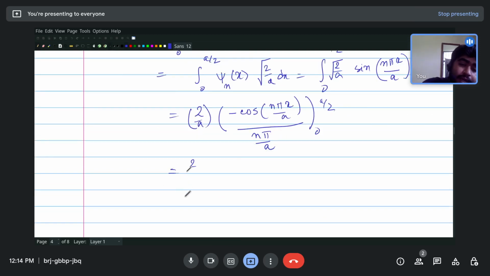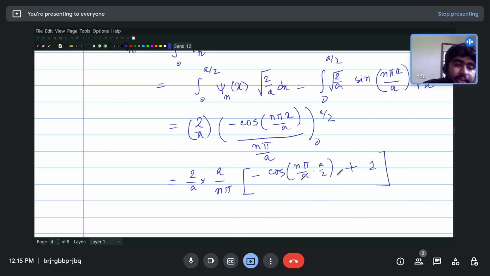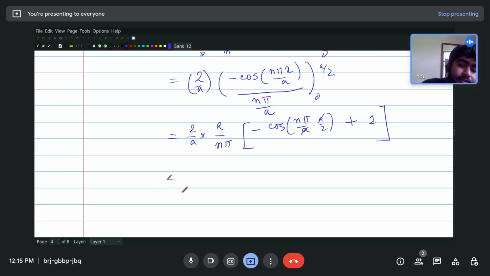So then this will be 2 by a times a by n pi, and then there are cosines, for which I have to first substitute the values. So minus cos of n pi by a times a by 2. Okay, and there will be a minus and an additional minus that will make it plus, so then there is 1. So there is a and a which will cancel, and so this becomes 2 by n pi times 1 minus cos of n pi by 2.